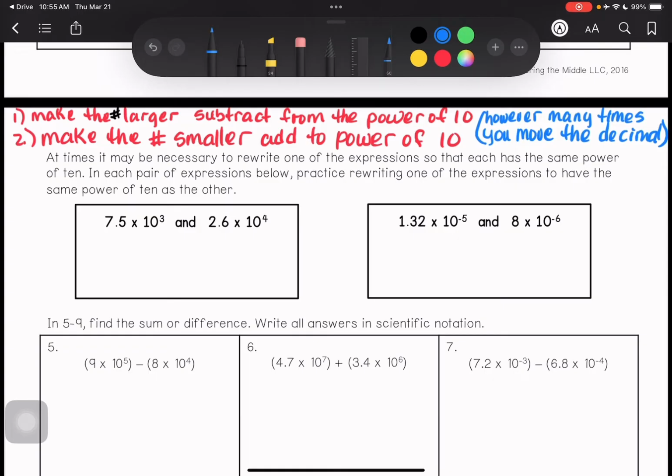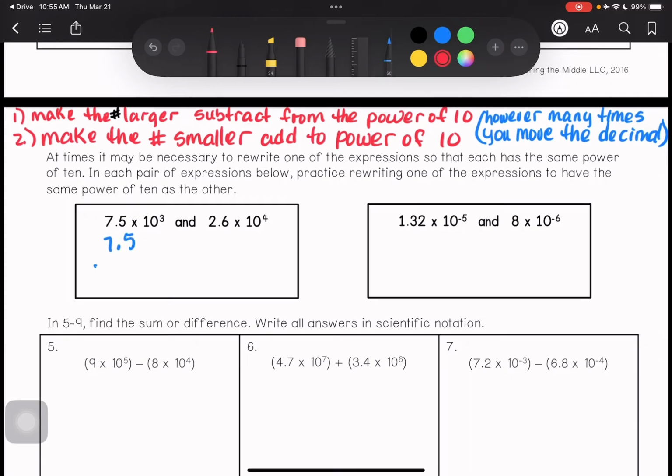So it says, at times it may be necessary to rewrite one of the expressions so that each has the same power of 10. In each pair of expressions below, we're going to practice rewriting one of the expressions to have the same power of 10 as the other. Okay? So 7 and 5/10, if I want that exponent to be a 4, times 10 to the 4 power, I'm trying to add to my power of 10, which is number 2 up top, which means I have to make 7,500 smaller by 1.